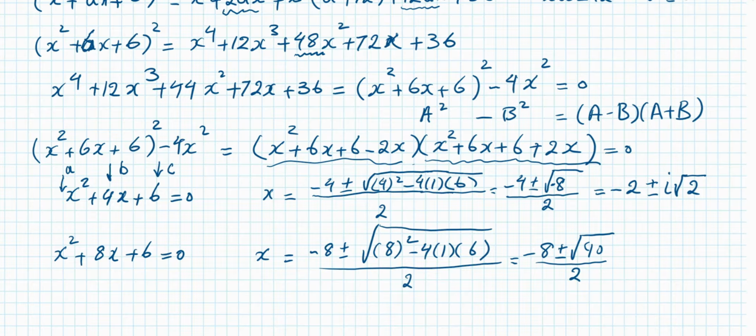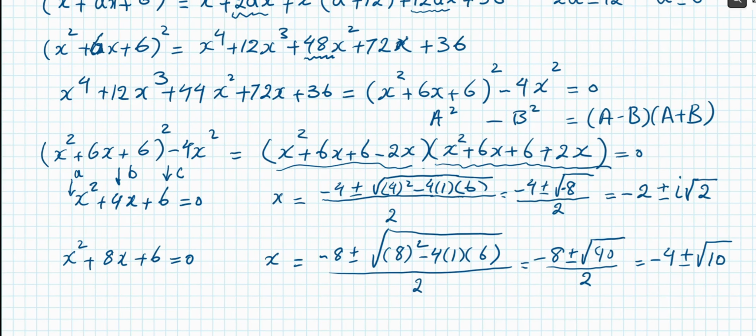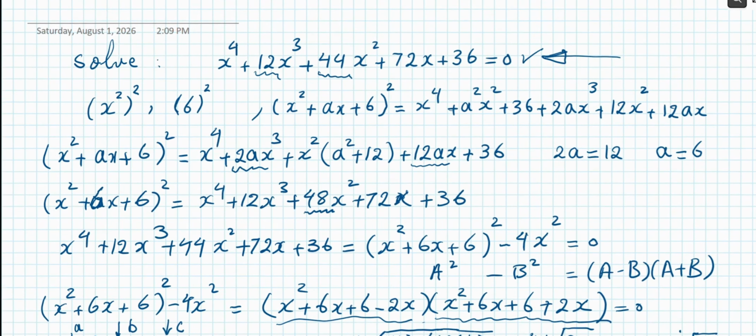And if we simplify this, it would be equal to minus 4 plus or minus the square root of 10. So we have two real roots and two imaginary roots for this equation here.